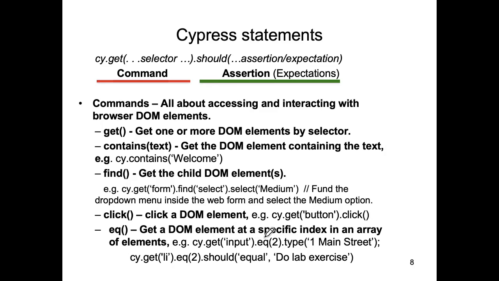It begins with subscript 0. So EQ2 here will pick out the third text box in the array of text boxes that has been found by Cypress from this part here.